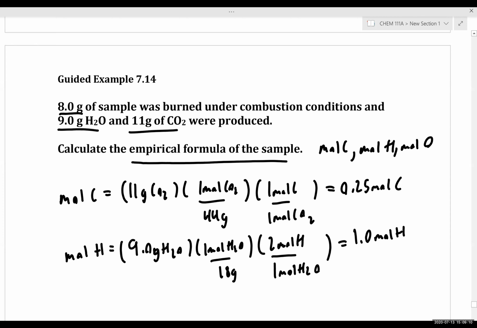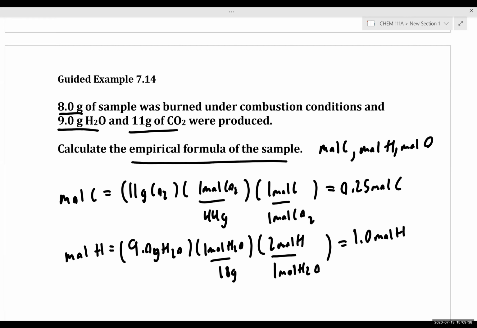Now, are we done? Can we just stop here and take our mole-to-mole ratio? Is there something that we may be missing? Is there something that we need to check for? Combustion analysis problems, you have to be very careful. What am I alluding to?